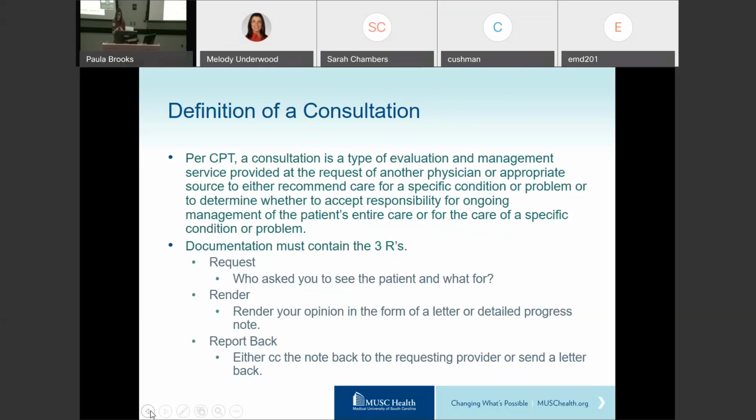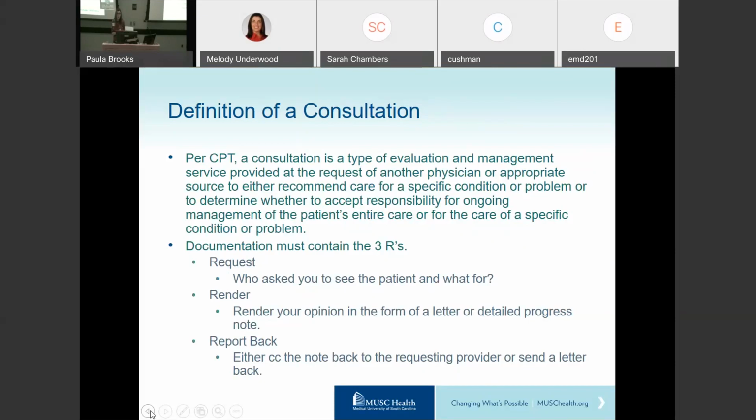But let's focus on what you need first. You need 3 R's before you can even move on to determine your level of service. Those 3 R's are a request, you need to render an opinion, and you need to give a reply back. Once you have those 3, then we can move on to determine which level of service it will be.